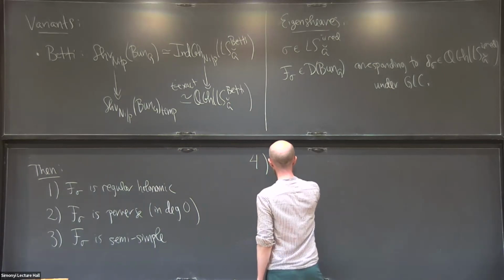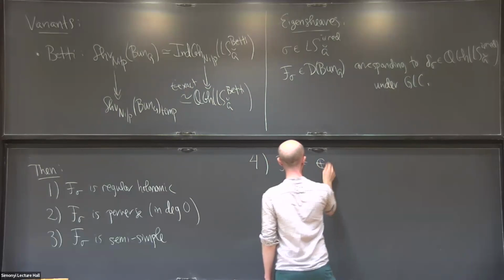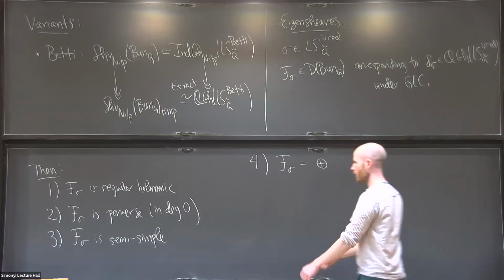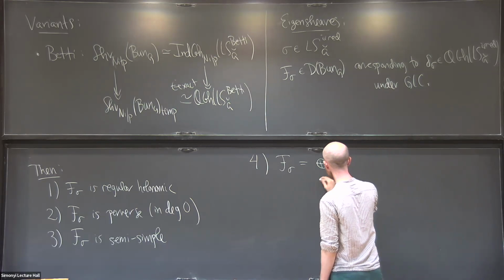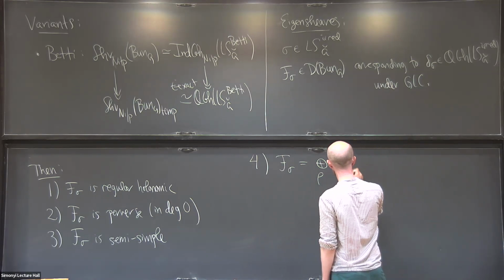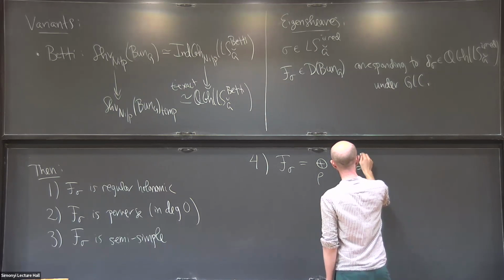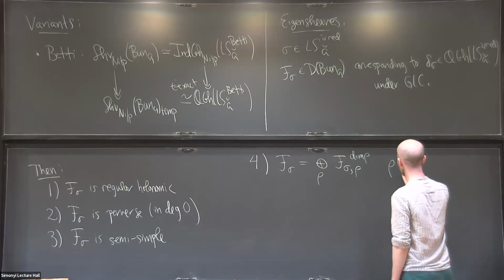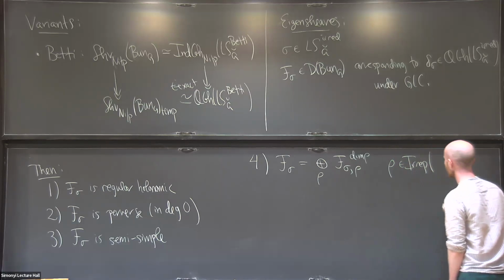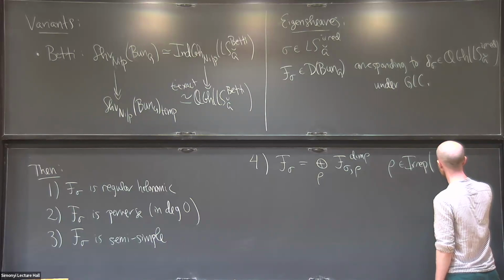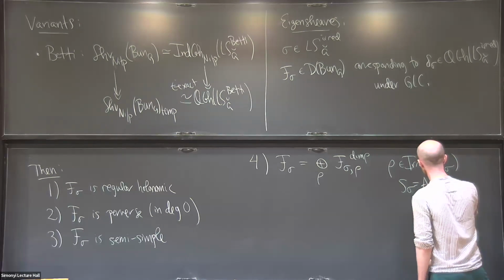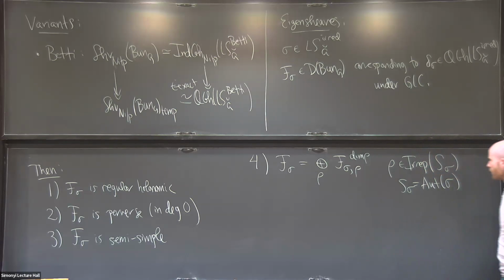Fourth thing is that actually for F sigma, I can write down exactly what it is, I can write down its Jordan-Hölder series. It's going to be a direct sum of things I'll call F sigma rho, tensored with the dimension of rho, where rho is going to run over all irreducible representations of the centralizer S sigma, the group of automorphisms of sigma as a local system.